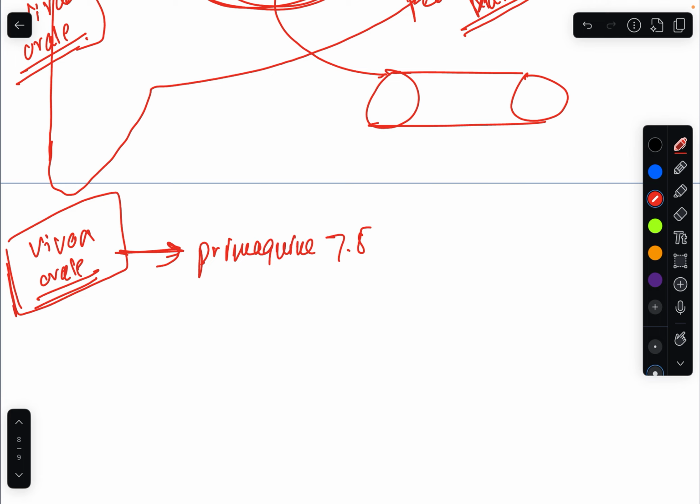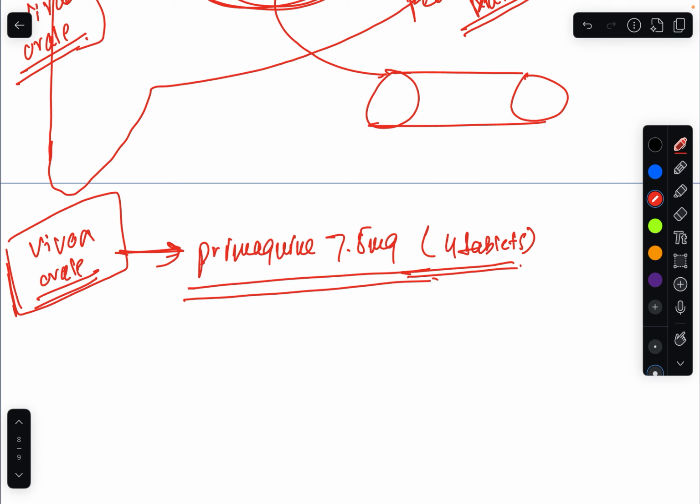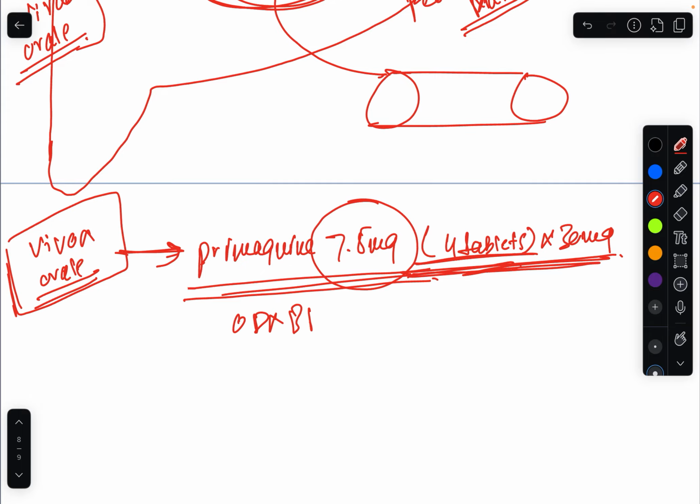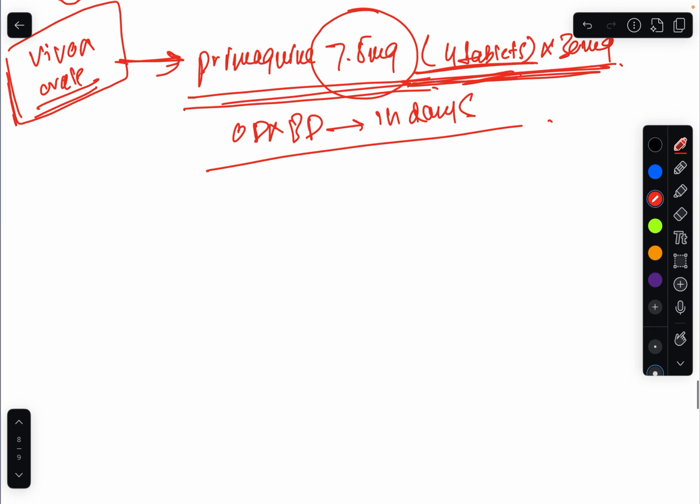Primaquine 7.5 mg, 4 tablets. So 4 tablets will make 30 mg. So we give a primaquine 30 mg dose. One tablet is 7.5 mg and we need 30 mg, so we give 4 tablets, either OD or BD, for 14 days. These are used to kill hypnozoites present in the liver.